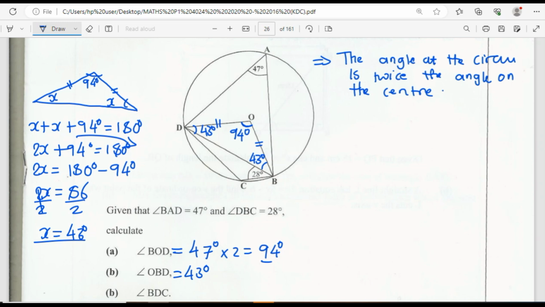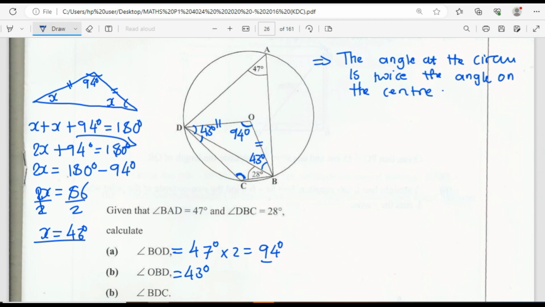Then BDC. What angle is this one? How can we find this angle? Now remember, ABCD is a cyclic quadrilateral, and whenever we have a cyclic quadrilateral, the opposite angles add up to 180.